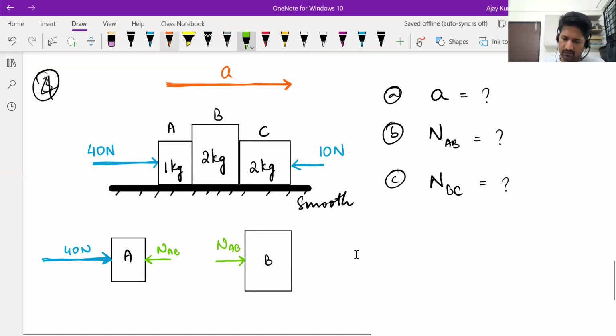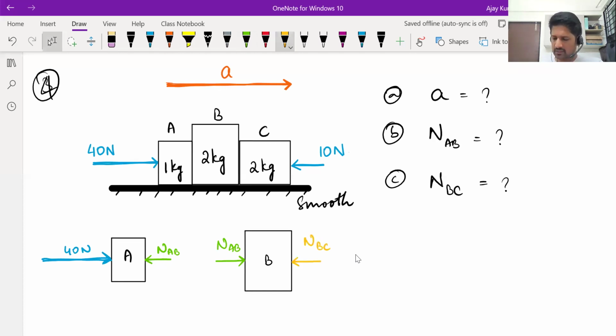And from C, there will be a force to the left. We don't know which one is greater. These are the horizontal forces acting on B. 40 Newton doesn't act on B. 10 Newton also doesn't act on B. Just the push that A gives B and the push that C gives B will act on it. These are the two horizontal forces that would act on it.